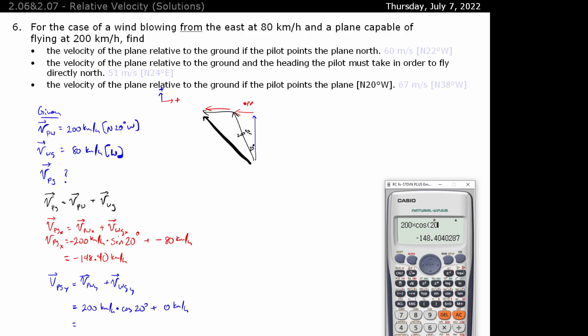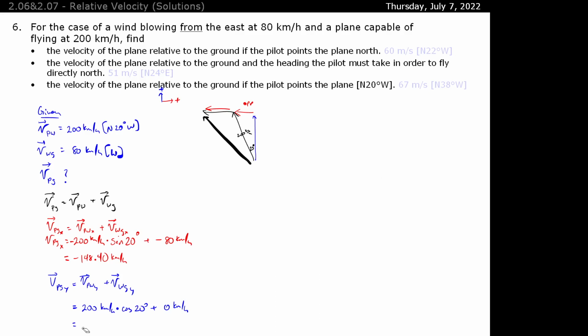200 times cosine of 20, close, and we're done. 187.94. 187.94 kilometers per hour. Okay, and just to bold it out, now we have this vector and we have this vector, and we're just trying to solve for this arrow now, or this angle, as well as our big resultant vector.